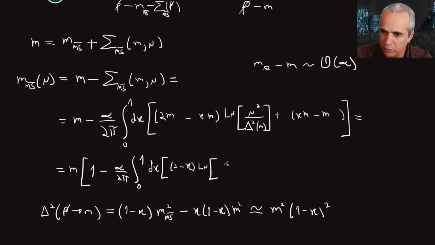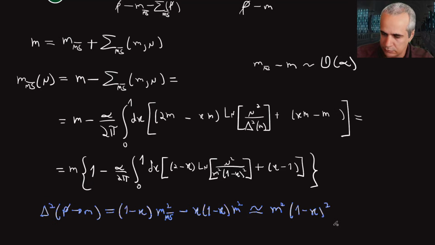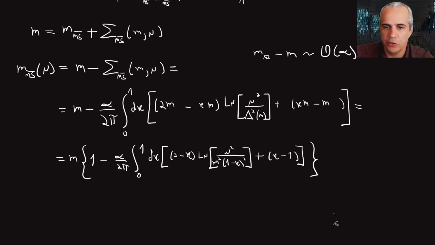So that's what I put in here. It will be mu square over m square 1 minus x square plus, again, x minus 1. I don't need these anymore, right? So you see that the ms bar mass is similar to the pole mass plus a correction, right?